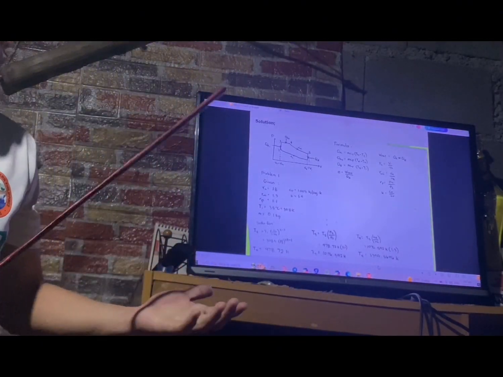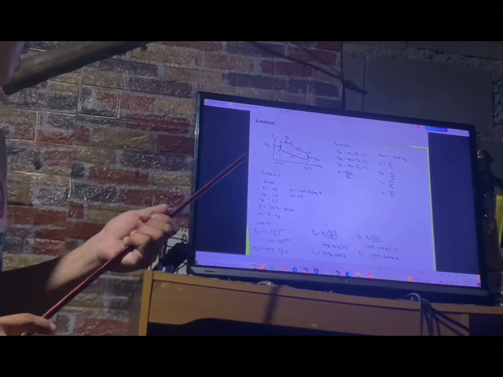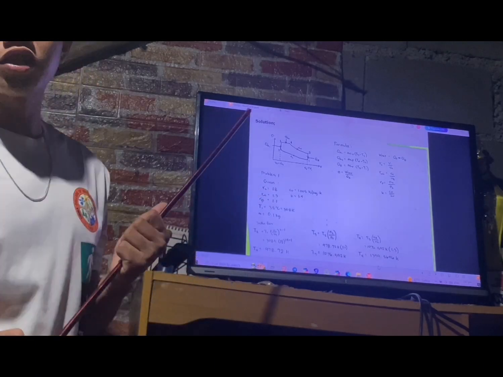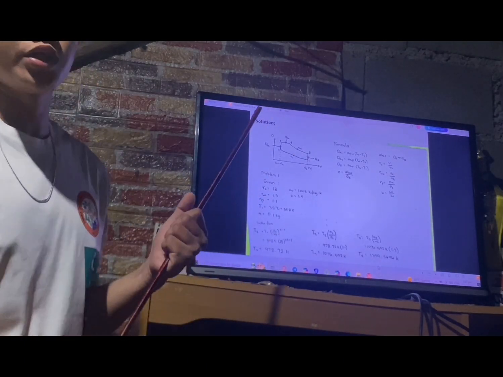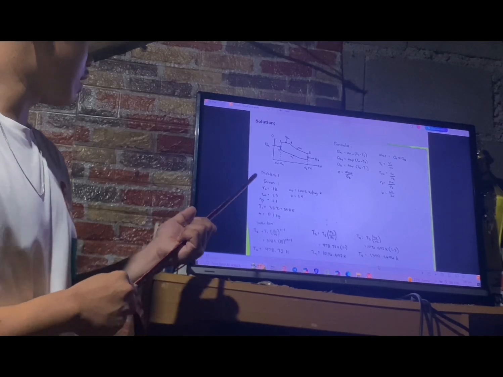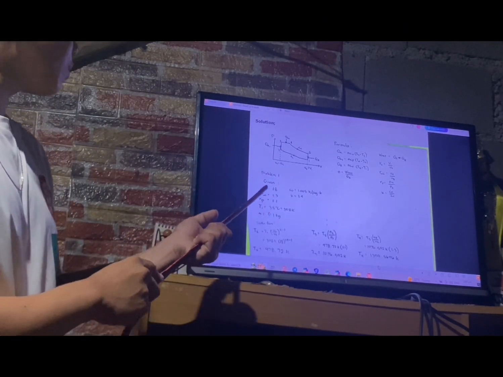Now, let's proceed to solve the problem. First, we must state the given of the problem. The compression ratio, rc, is equal to 18. The cut-off ratio is equal to 1.3. The pressure ratio is equal to 1.1.